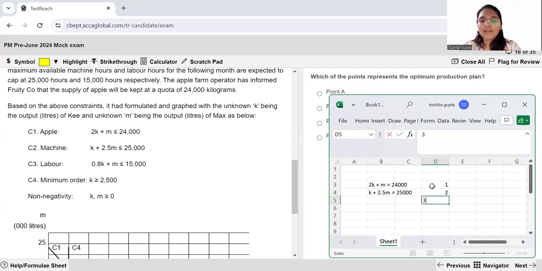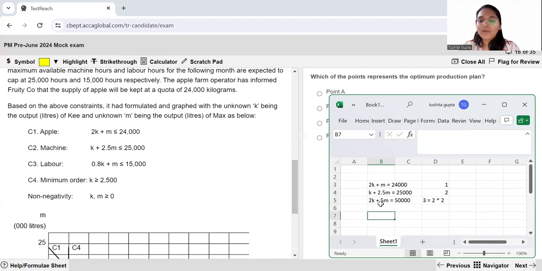Now, arriving at a third equation, which I have found using the second equation multiplied by 2. So, 2K plus 2.5 multiplied by 2 gives you 5M equals 25,000 multiplied by 2, which gives you 50,000. I've done nothing. I've just taken this entire equation and multiplied it by 2.